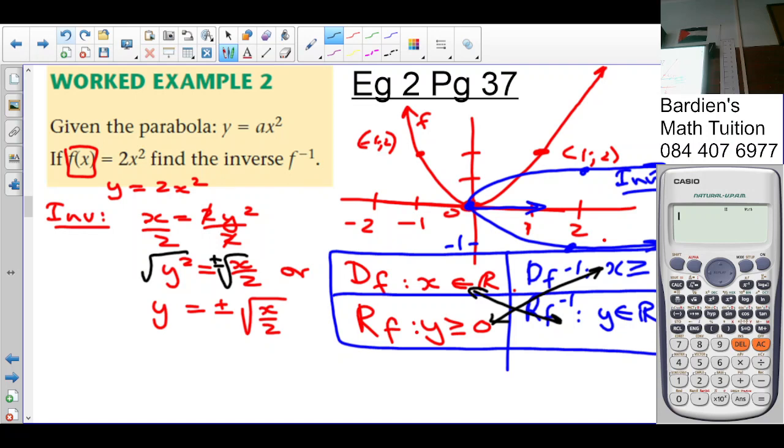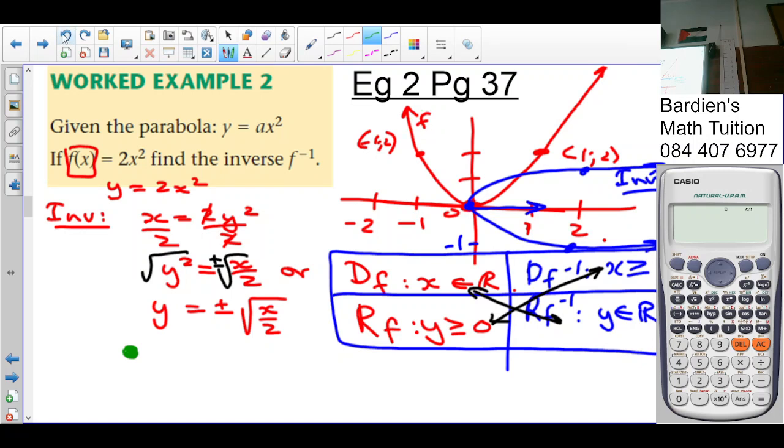One more question which is commonly asked. How can we restrict the domain of the function so that the inverse can become a function? The domain is the possible x values.